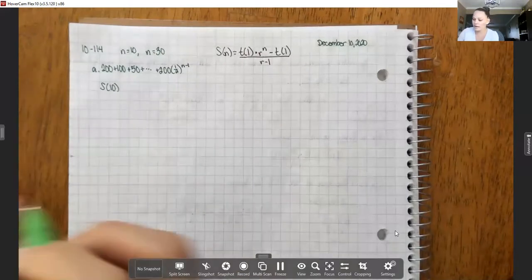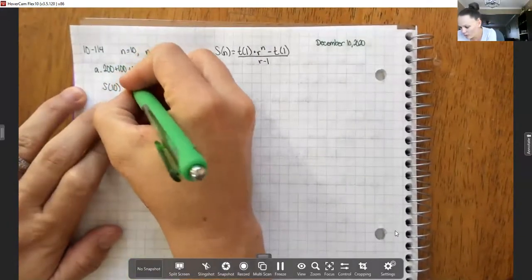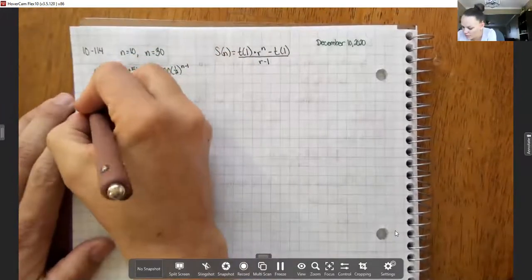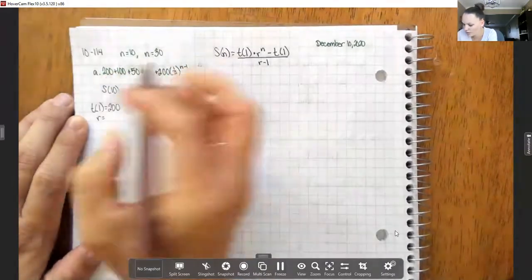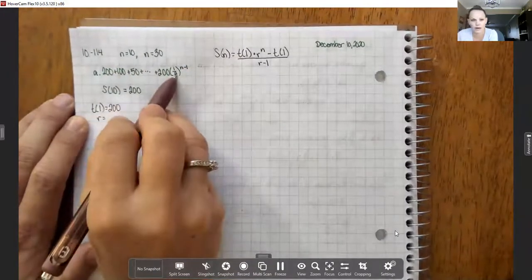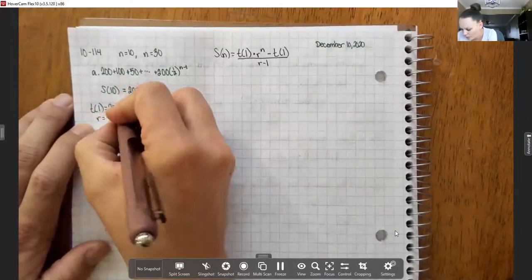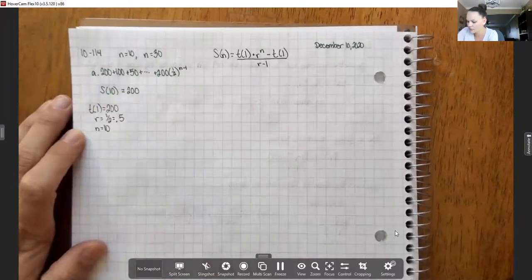So here for S of 10, T of 1 would be 200. And I'll list it off to the side. So T of 1 is 200. R is our multiplier, and we can see it right here. It's 1/2 or 0.5, whatever way you want to write it. And then we're going to do n equals 10 first.